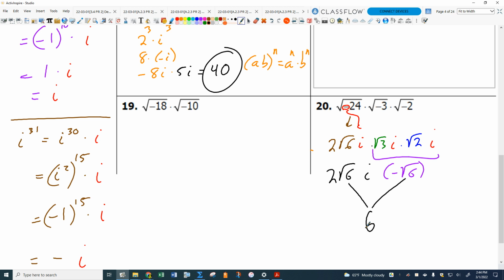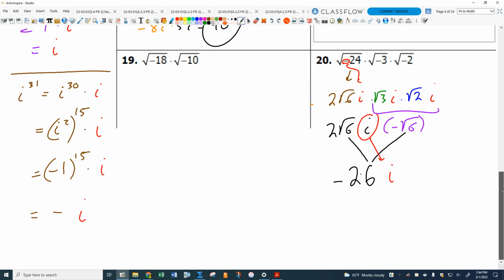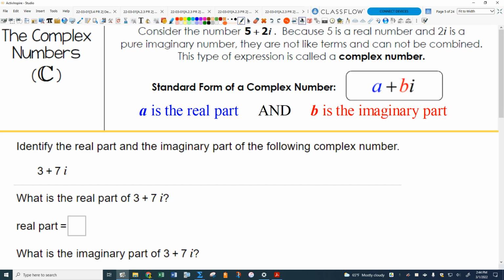And I'm going to have a negative 2 times 6 times my I. Can't forget that I. So my final answer on this one just looks like negative 12I. Good? Okay? Okay, that's a good stopping point for today.